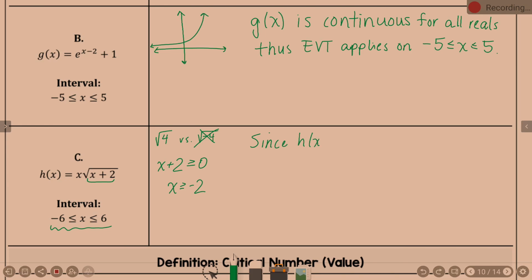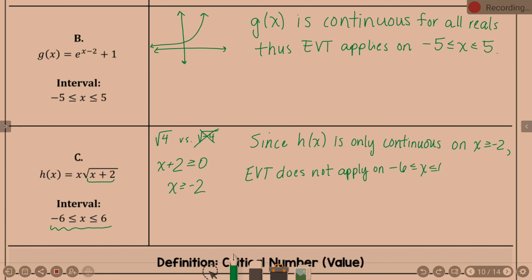Since h of x is only continuous on x greater than or equal to negative 2, EVT does not apply on the interval negative 6 to 6.